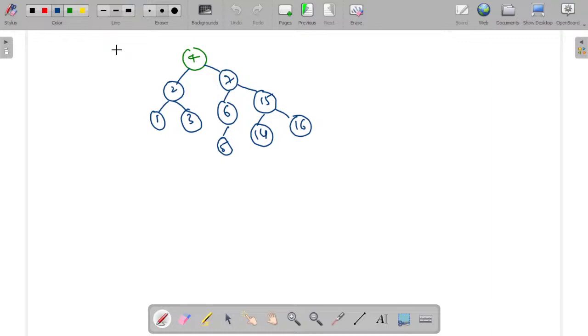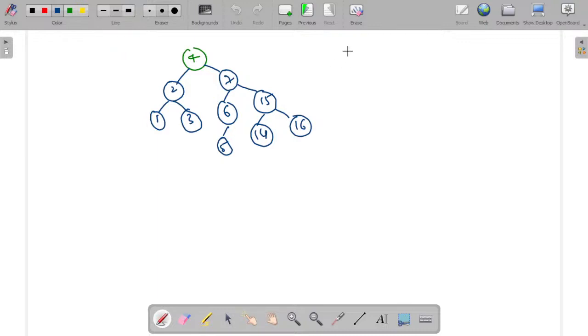Sir, can you please write the in order traversal for the above example? Oh, you are asking me to write in order for this particular tree. Okay, I will do that.